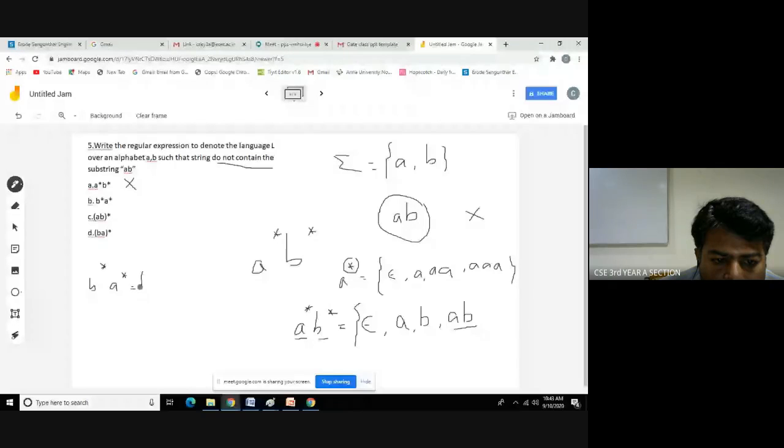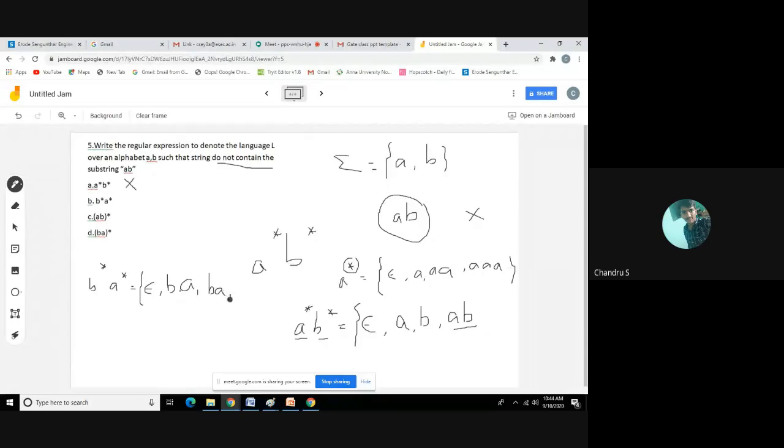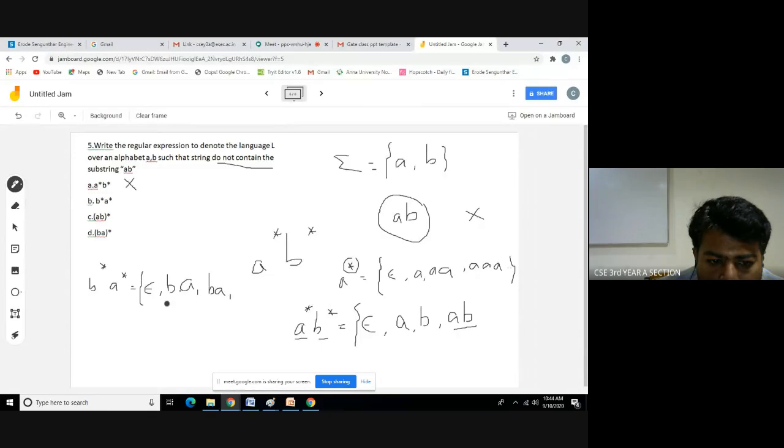The next strings can be either b or a, or BA is also accepted, right? BA is also accepted, and b is also accepted. BBA is also accepted, and double b, a is also accepted, right?